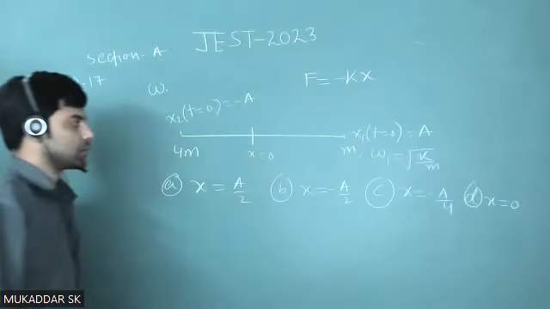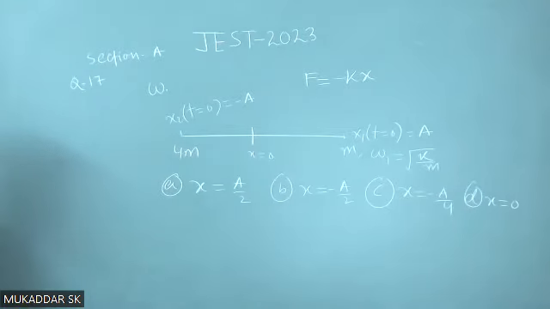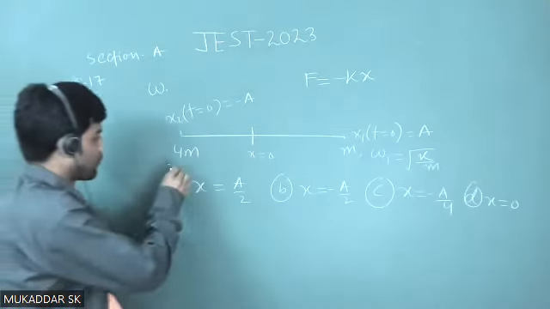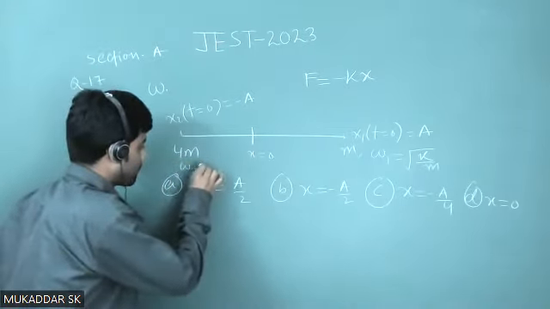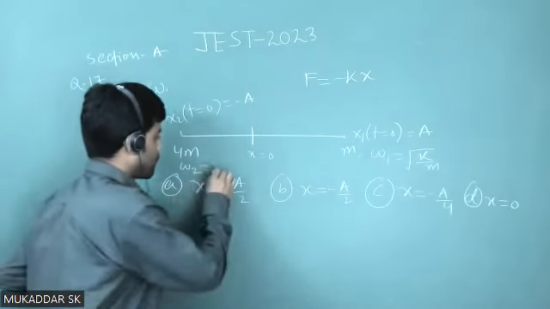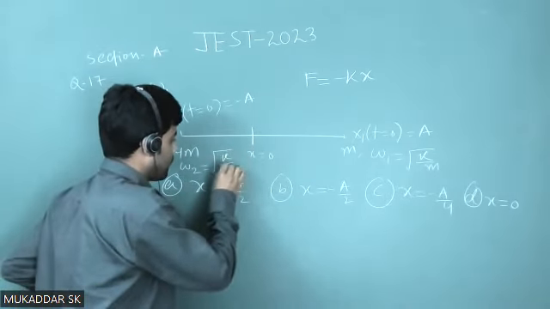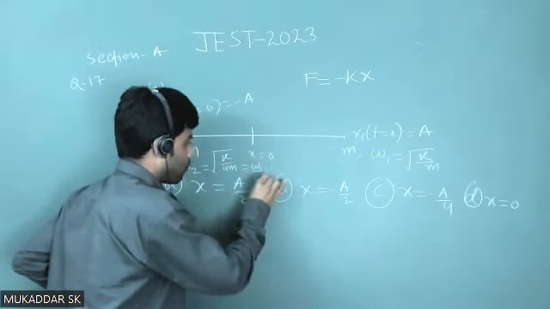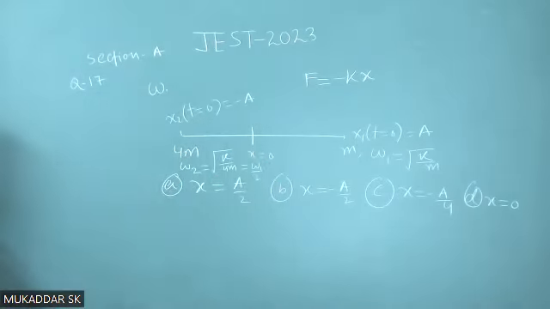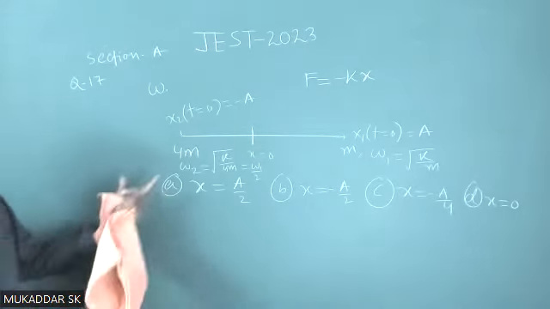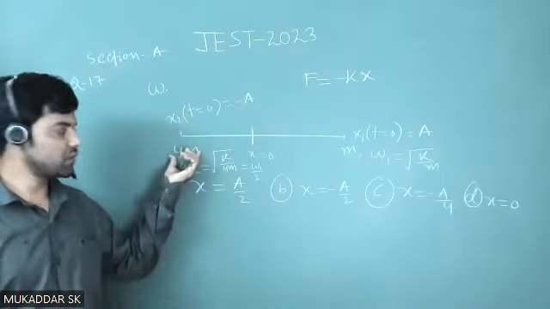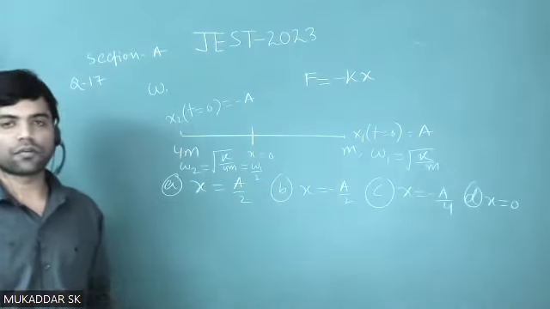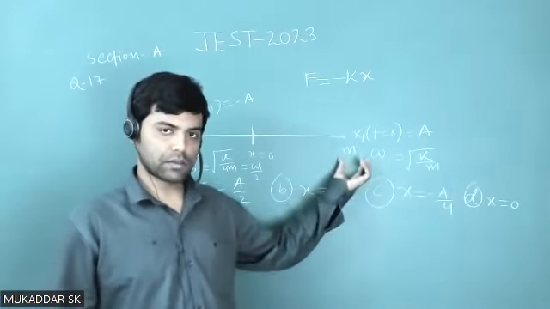But for the 4m mass, the frequency of oscillation will be root over k by 4m, and obviously that will be omega by 2. The frequency of oscillation of the 4m mass is half of the frequency of oscillation of the m mass.